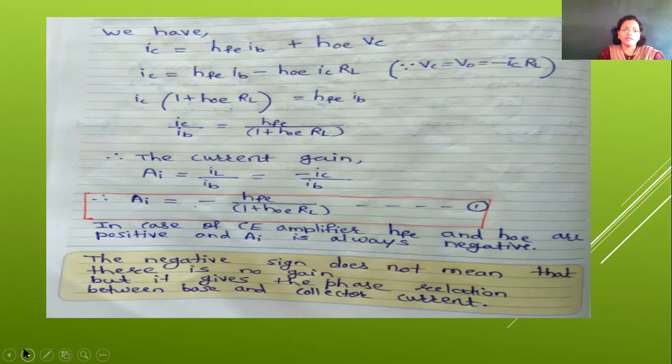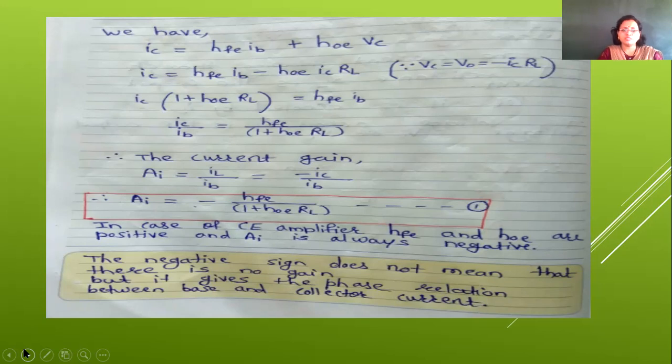Therefore our current gain AI is equal to IL upon IB, and IL is equal to minus IC, so minus IC upon IB. If we put this value of IC upon IB here, we get AI is equal to minus HFE upon 1 plus HOE into RL. Call it equation number 1.